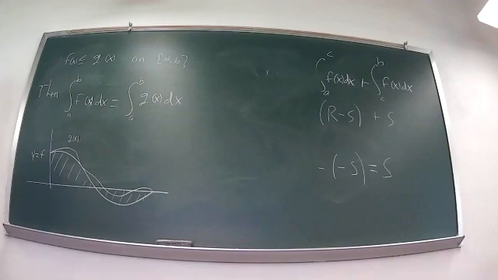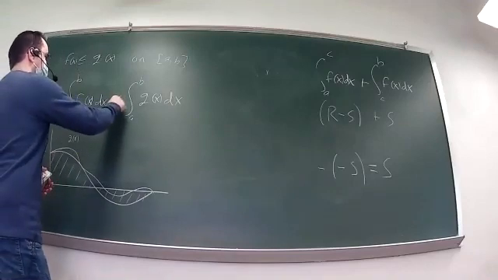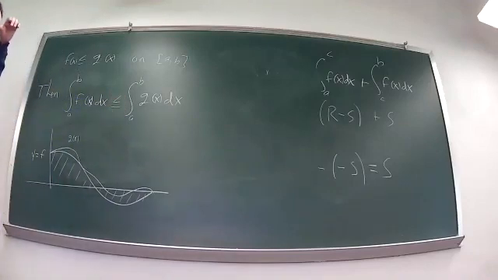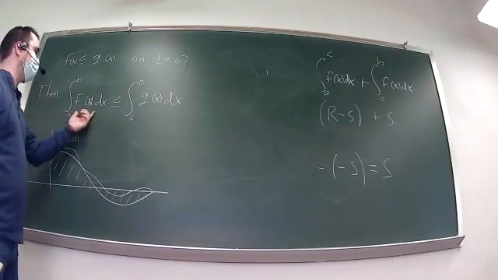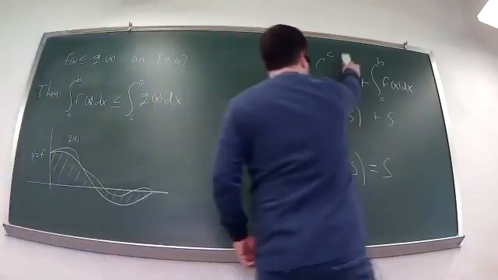So you can see intuitively, I wrote equals when I should have written less than or equal, that the signed area of f of x is less than or equal to the signed area of g of x, just because the functions have the same inequality. But you can prove that analytically as well.